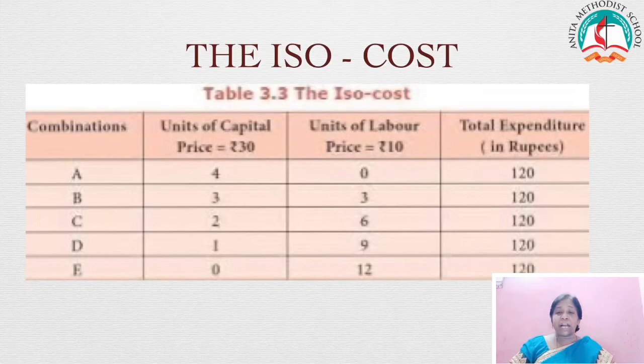There are 5 combinations of capital and labor, A, B, C, D and E. Combination A represents 4 units of capital and 0 units of labor, and this combination costs 120. Similarly, the other combinations B, C, D and E cost the same amount of rupees 120. This is known as the iso cost line.